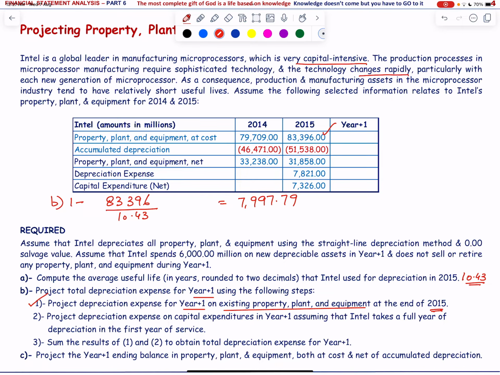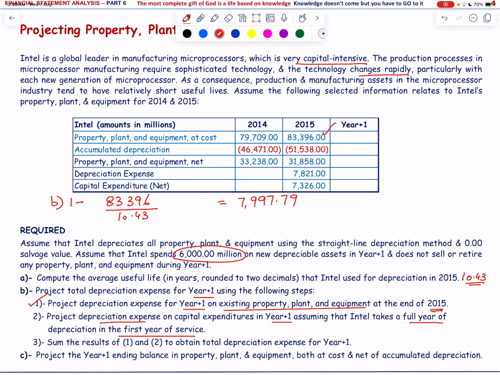And then project depreciation expense on capital expenditures in year plus one, assuming that Intel takes a full year of the depreciation in the first year of service. Now, in the year one, they have spent 6 billion on the new depreciable assets.